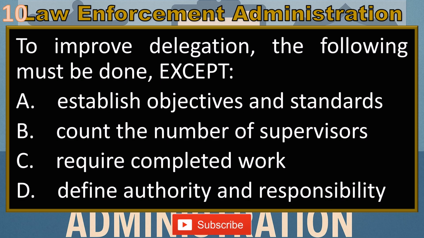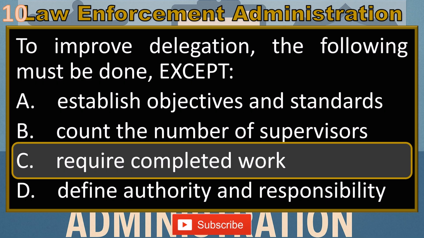In the next 5 seconds, select the best response from the available options. 5, 4, 3, 2, 1. The letter of the correct answer is C. Require completed work. To improve delegation, the following must be done, except require completed work.